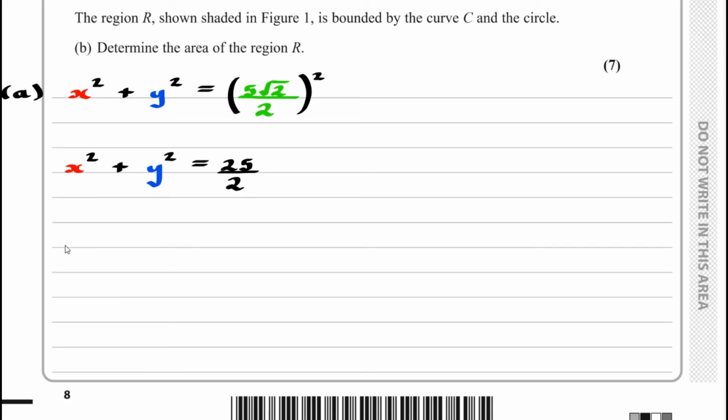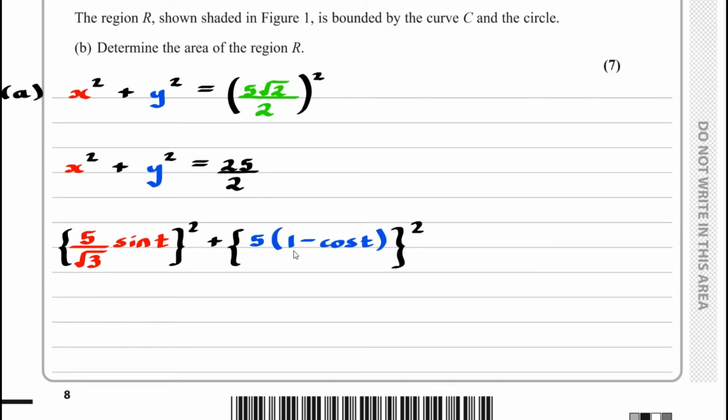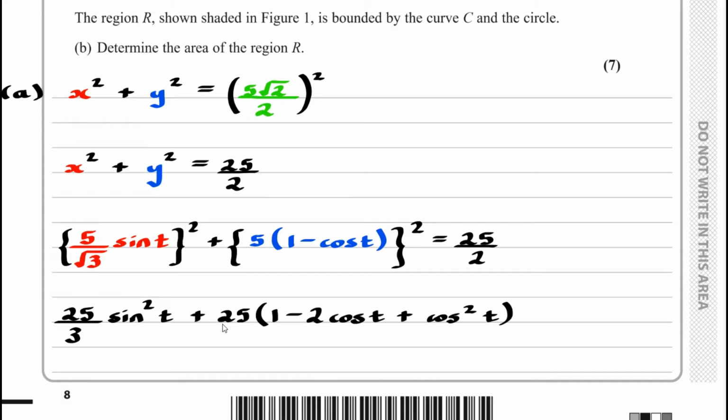I know what x is, I know what y is. So we have 5 over root 3 sine t squared plus 5 multiplied by 1 minus cos t all squared equals 25 over 2. Let's try to simplify this as much as possible. We have 25 over 3 sine squared t plus 25 multiplied by 1 minus 2 cos t plus cos squared t.